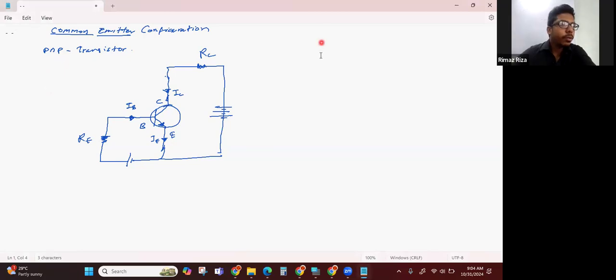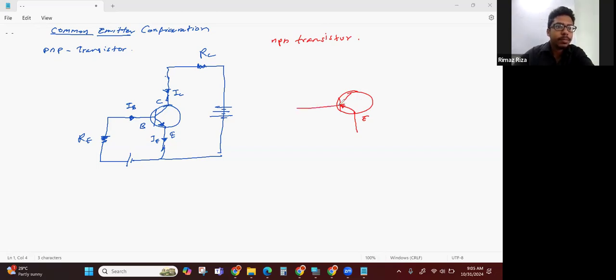Okay, now let's try to draw for NPN transistor. NPN transistor. So you take the transistor first, the common is emitter. You write the emitter, and then this NPN, the arrow will be displayed.